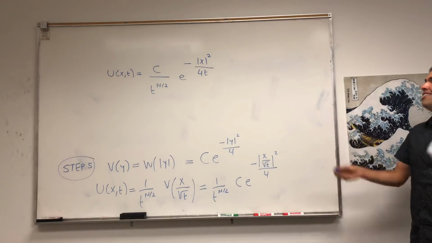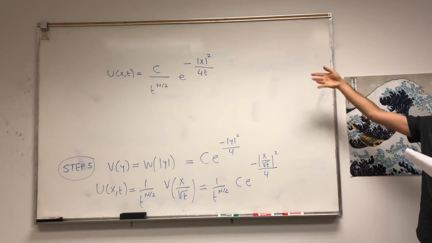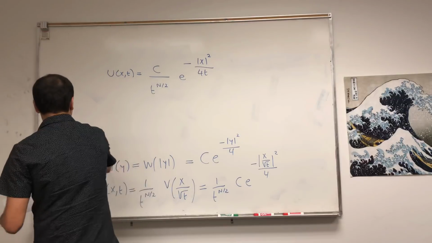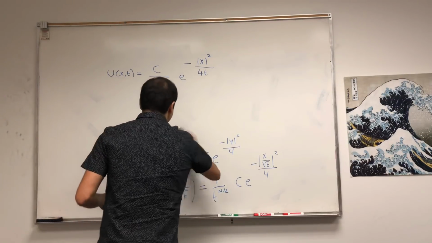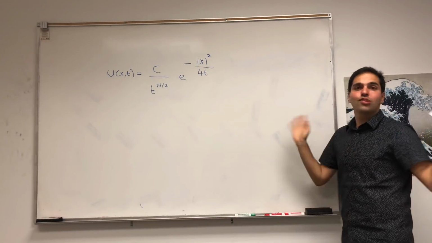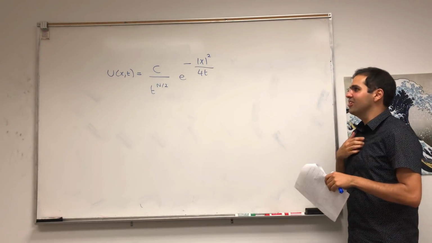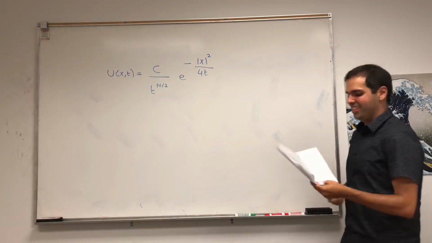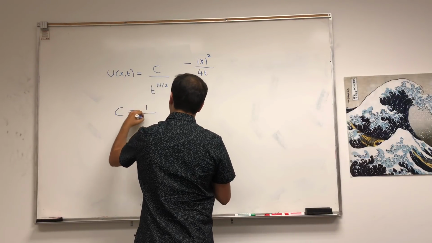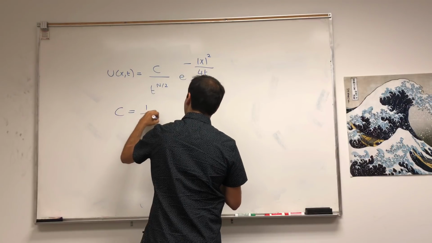And lastly, to make a function that has integral 1, what we're going to do is just choose a special value of the constant. So again, you could just set c equal to 1. It's fine. It would give you a solution. But to have an interesting solution, choose c to be 1 over pi to the n over 2.